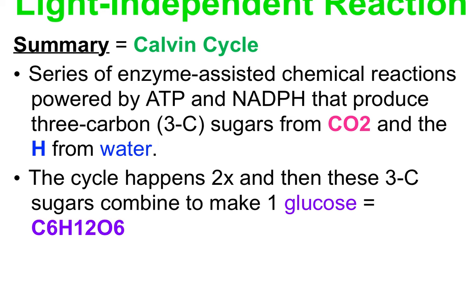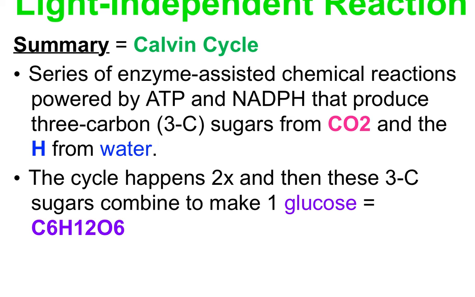All right, so light-independent reactions, also known as the Calvin cycle, is the one we're gonna mostly talk about. That's a series of enzyme-assisted chemical reactions that are powered by ATP and NADPH. And they're gonna produce these 3 carbon sugars. They're gonna get them from carbon dioxide and from the hydrogen that they get from water.